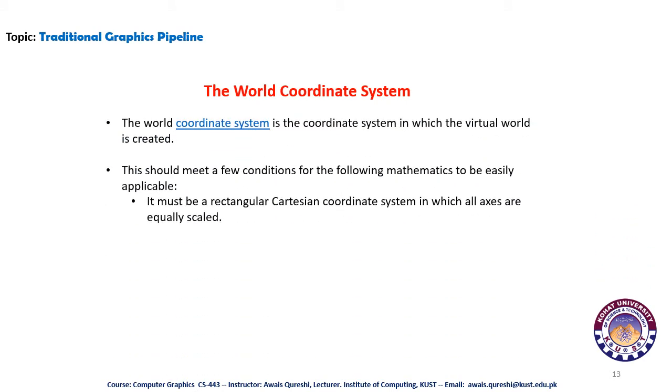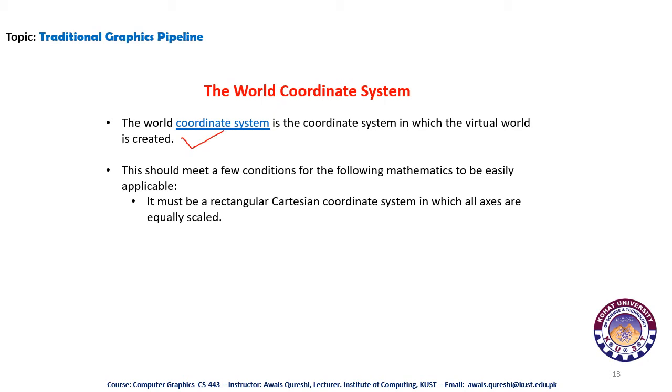So in order to move further, we need to understand this concept which is called coordinate systems. There are two types of coordinate systems. One is called the polar coordinate system, and the other is called the simple coordinate system. The world coordinate system is the coordinate system in which the virtual world is created, with X, Y, and Z components. These are all coordinate systems.